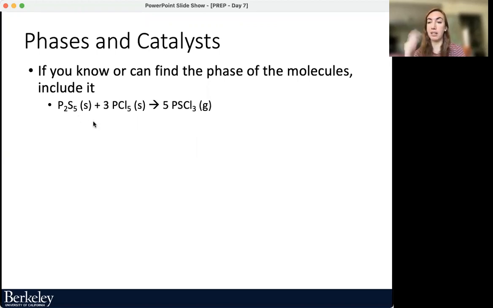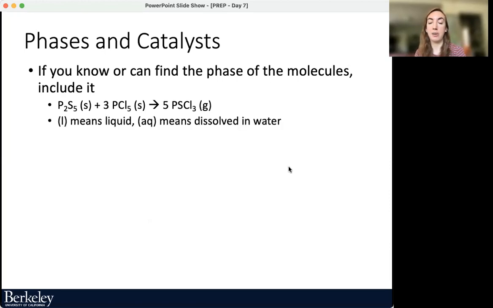But if you know it, if you're told it, this is how you denote it on your reactions. So if you see an S or a G or an L written after the species in your reaction, it's just indicating the phase. So it doesn't change how you balance it or what you do. It's just giving you extra information about the species that are involved.